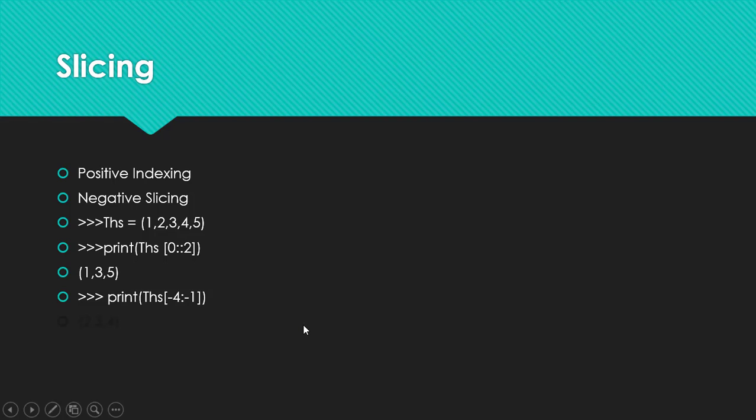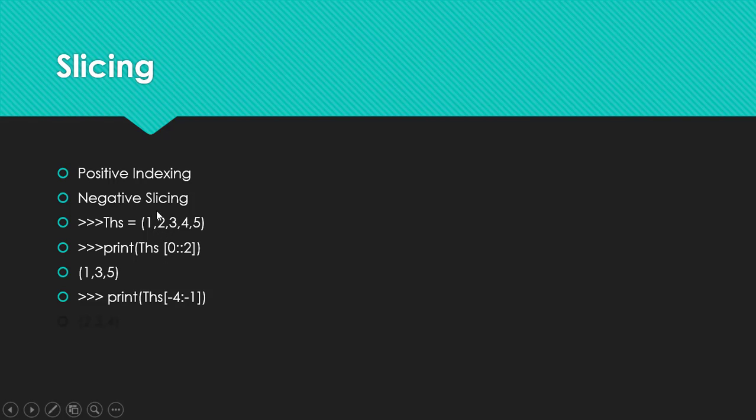Print inside the parenthesis, I have written the name of the tuple, this, and inside the square brackets I have written the lower limit to the upper limit. Now we know that we start from the lower limit element. That means -4, -3, -2, -1.